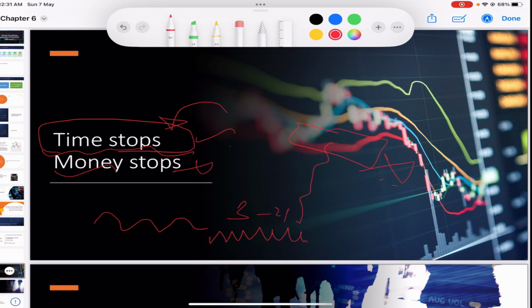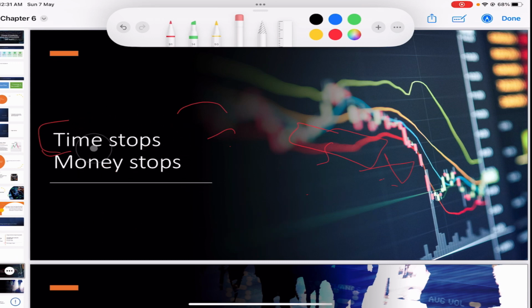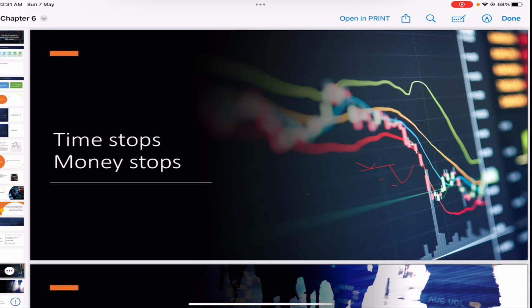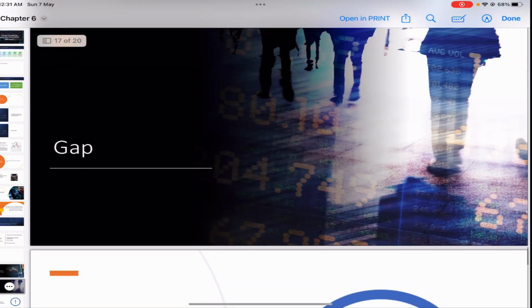You need to have a proper price action where you are setting your stop loss. A money stop is what I just gave you an example of, that if I lose 2% of my capital then I will exit from my trade. That is not a good way, because there should be some logic behind it. If you think that it is a lot, then trade with a lesser amount of money, but you need to set your stop loss always according to your price action.